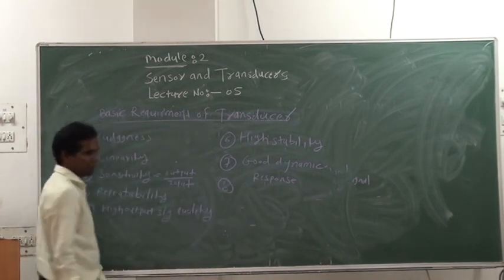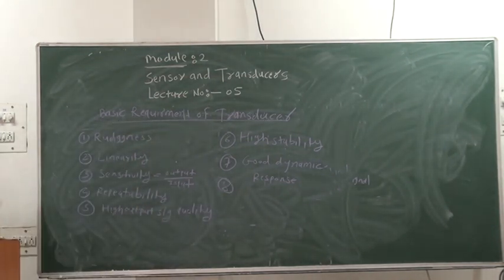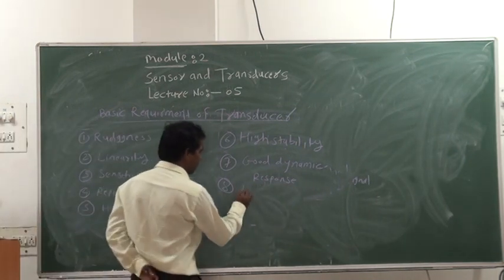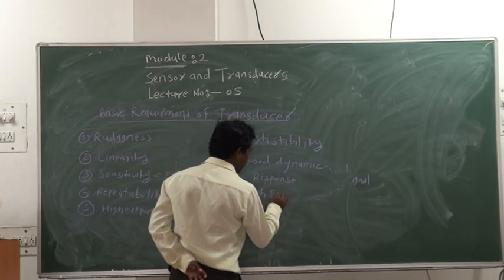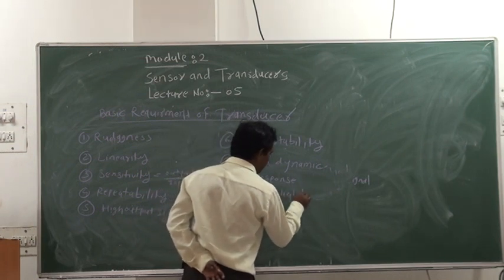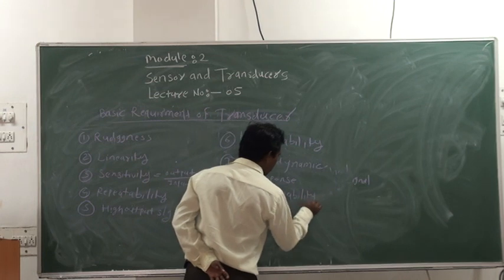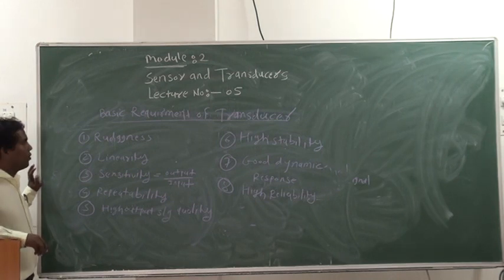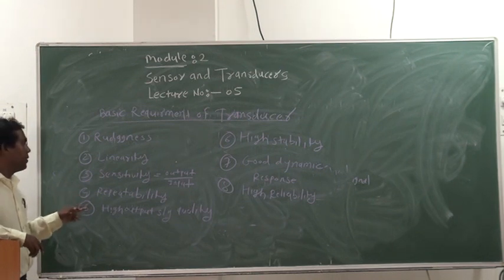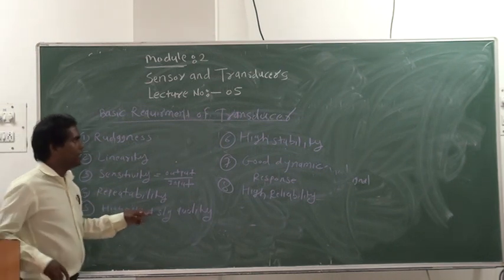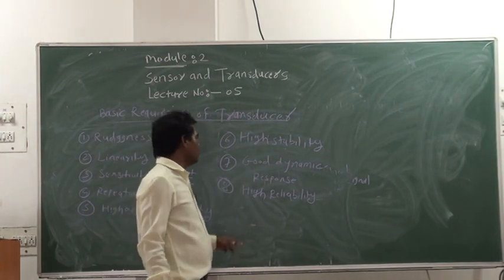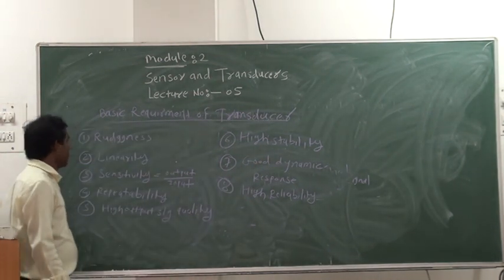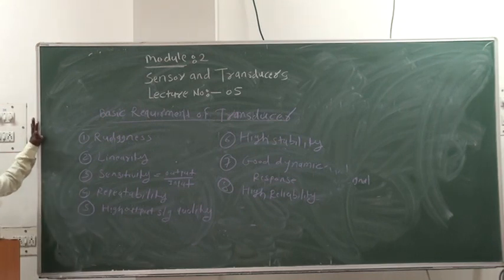Eight, high reliability. So these are the basic requirements while selecting the best transducer: fineness, linearity, sensitivity, repeatability, high output signal quality, high stability, good dynamic response, and high reliability.